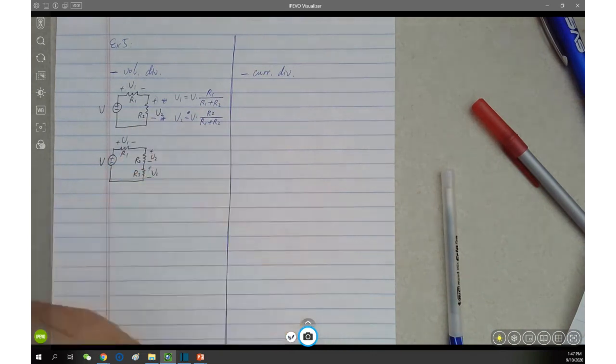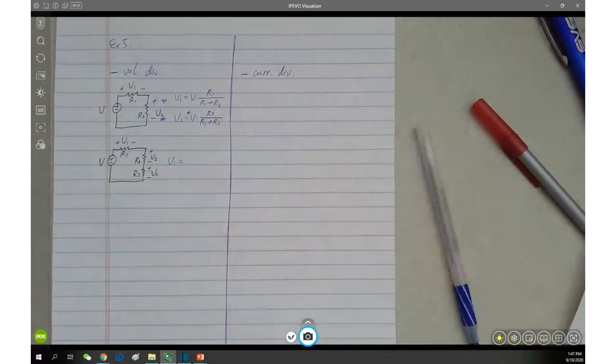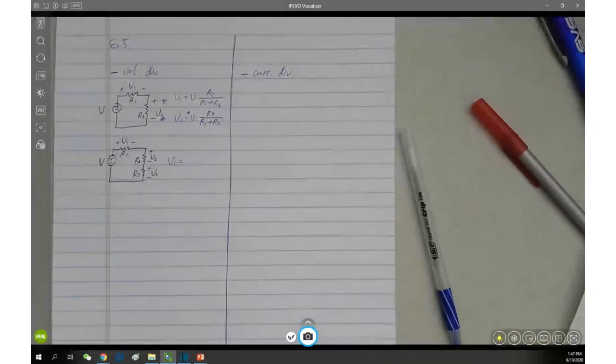Now we don't have to find all three voltages, V1 through V3. We just need to find, say, V1. V1 equals what? I'll give you guys 1 minute to write this down. Go ahead.